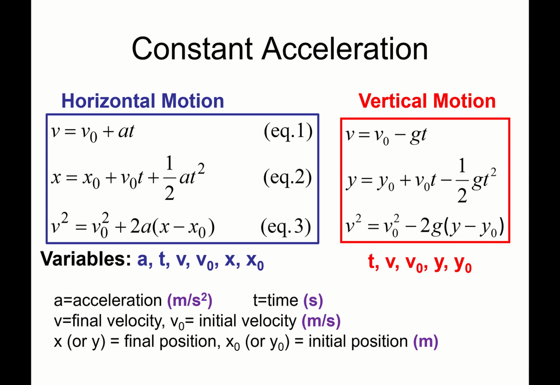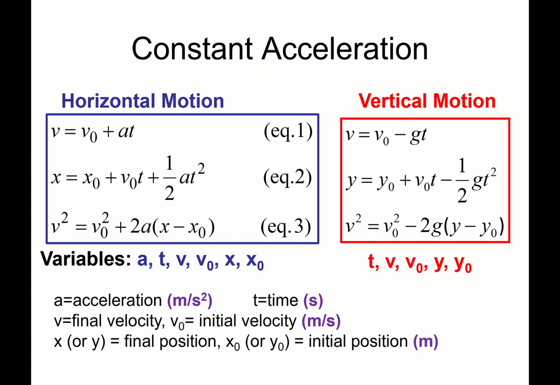For horizontal motion, the three equations that we had, there is a fourth equation, but I usually never use that equation. So the three equations that we had were that the velocity changes linearly with time, v equals v0 plus at. The position is equal to x0 plus v0t plus 1/2 at squared, so it goes like the time squared.